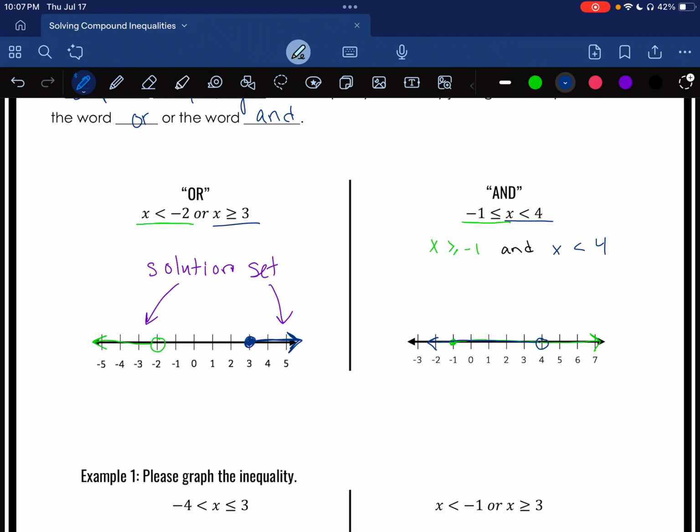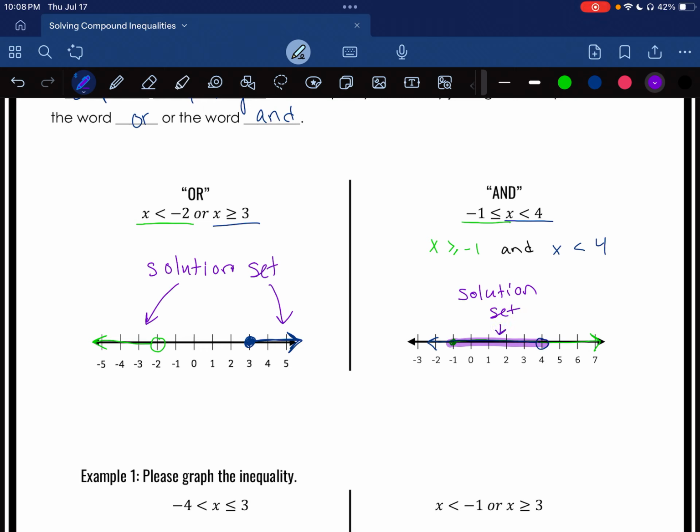And so you'll notice that there's this bit here where these overlap. And so that's actually what we'll graph in the future. You'll see that in an upcoming example. But it's just that segment where they're connected. So that right there is our solution set because those are the values that make both of those inequalities true.